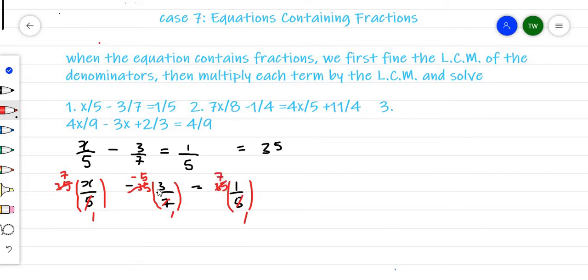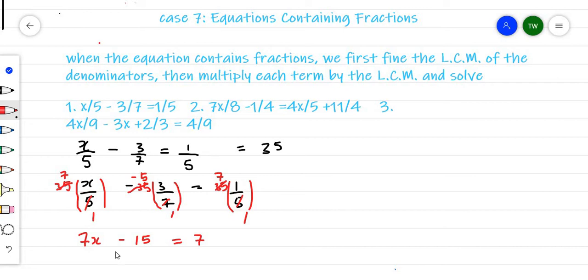So by multiplying each term by the LCM, it helps us to eliminate the denominator. So what we're left with is 7 times x, that's going to give us 7x. And negative 5 times 3, that's going to give us minus 15, which is going to equal 7 times 1, which is 7.